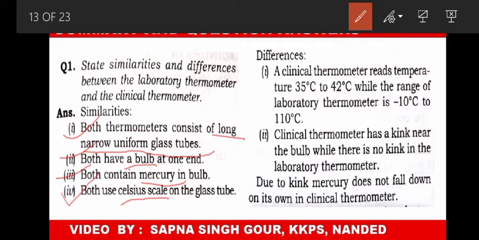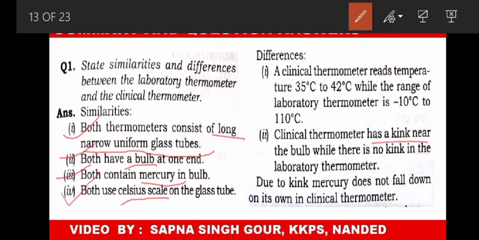So the first difference is the range of both the thermometers. Then the second, clinical thermometer has a kink or bend near the bulb, as you can see in the figure, while there is no kink in the laboratory thermometer.